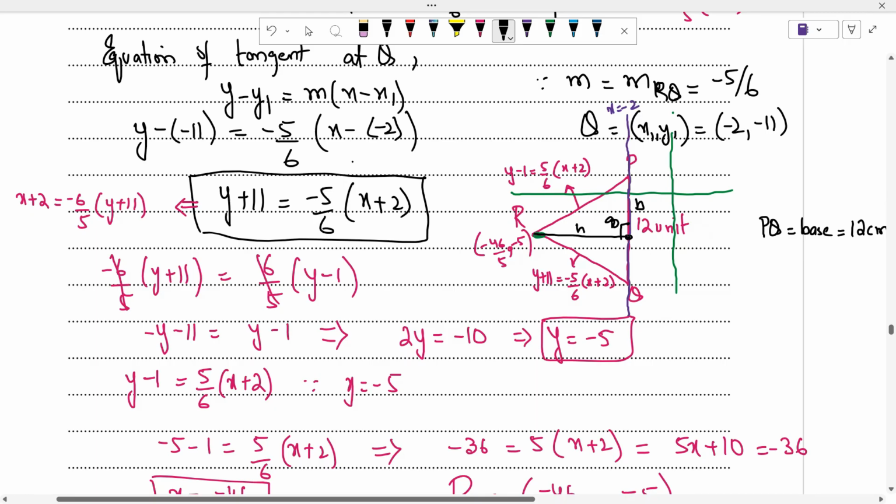If we call this point L, it should have the x coordinate negative 2, and the y coordinate should be taken from the point R so that we can have the shortest distance h, which will be perpendicular to the base.